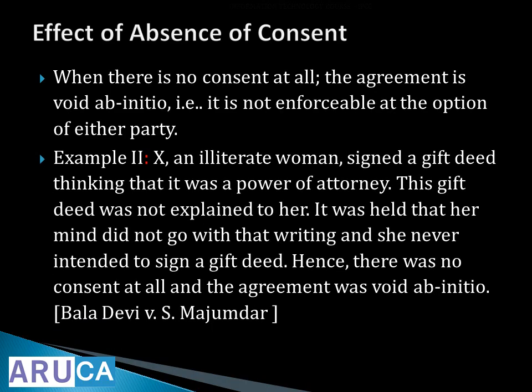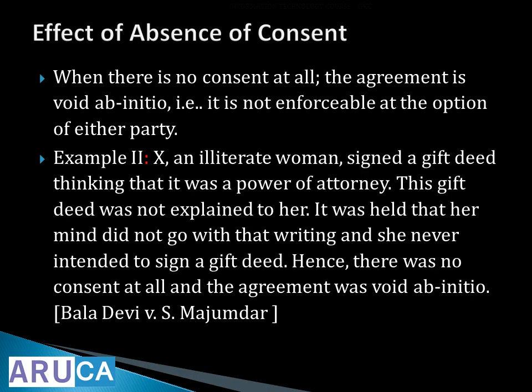Example: X, an illiterate woman, signed a gift deed thinking it was a power of attorney. This gift deed was not explained to her. It was held that her mind did not go with the writing and she never intended to sign a gift deed, and there was no consent at all. The agreement was void ab initio. This is Bala Devi versus Majumdar.